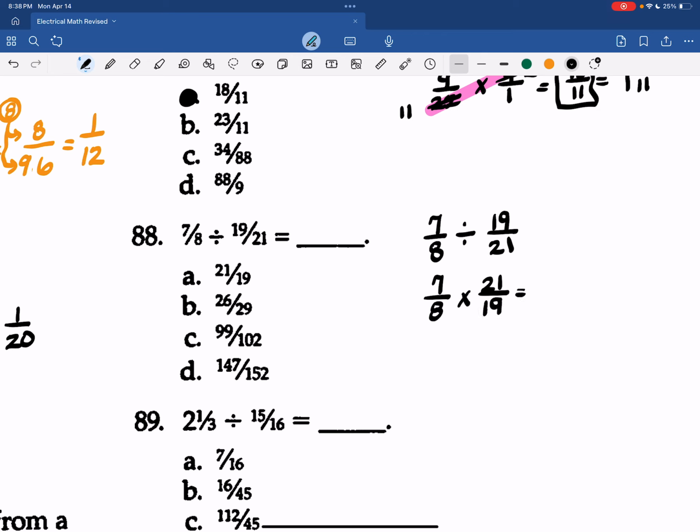So we have to do, I hate these, 21 times 7 is 147. 19 times 8 is 152. And thankfully that won't reduce. So the answer is D.